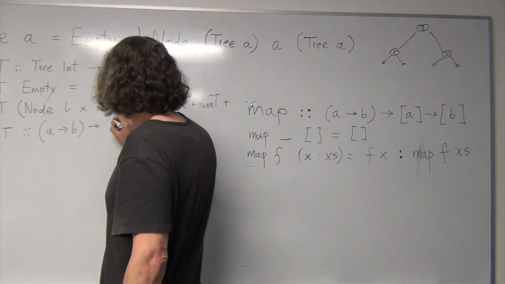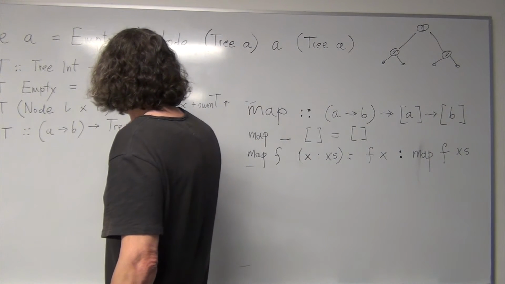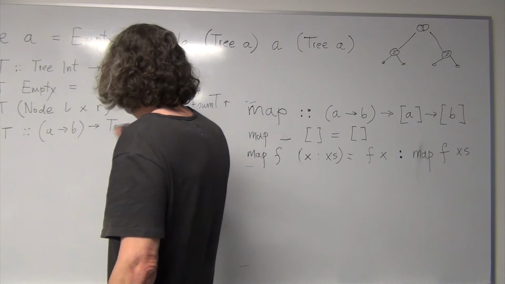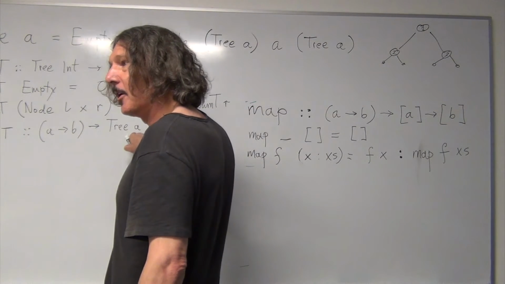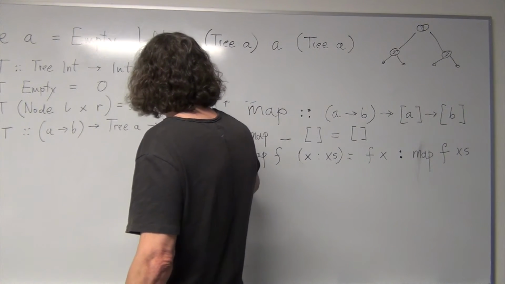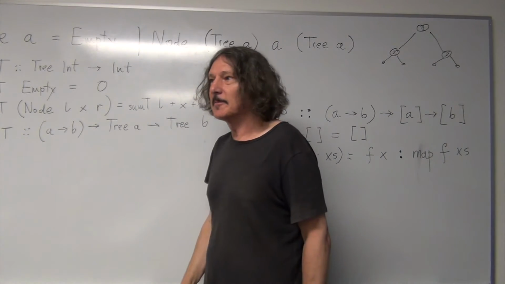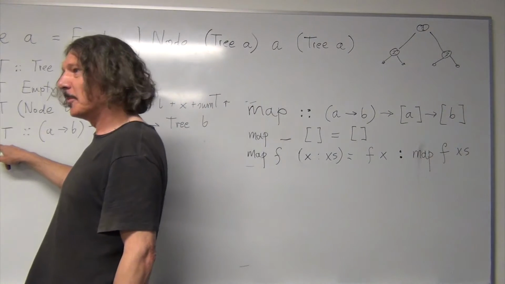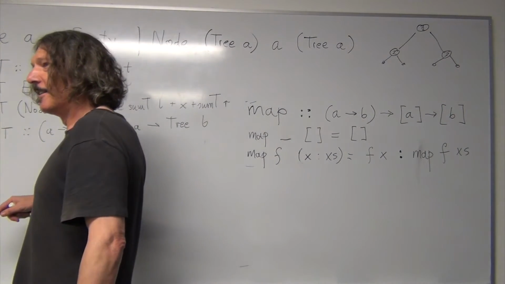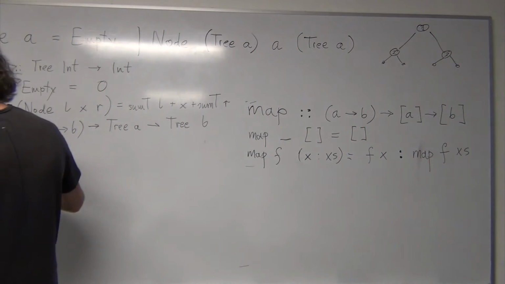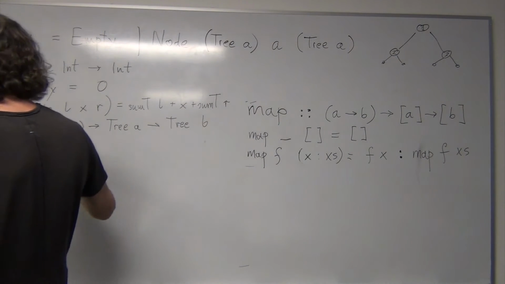But it takes a tree of A, applies the function to every node, and produces a tree of B. Right? So we can actually do mapping of trees as well. That's why it's traversable. Okay?